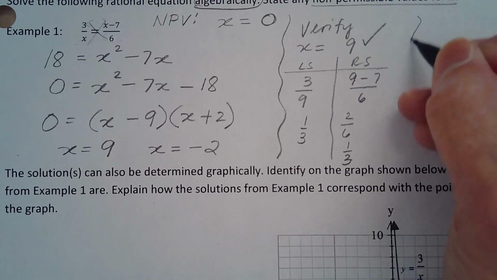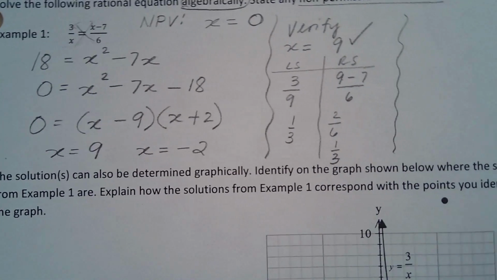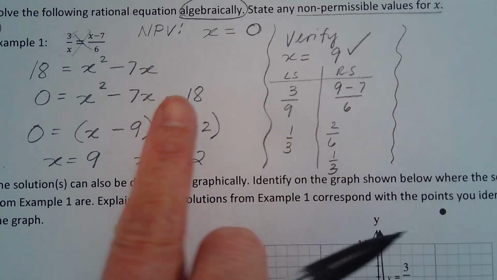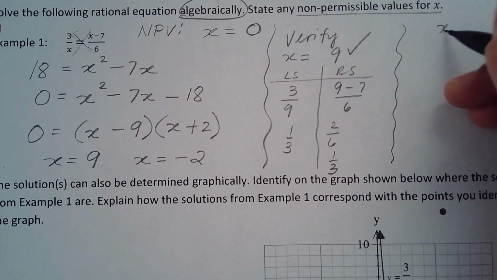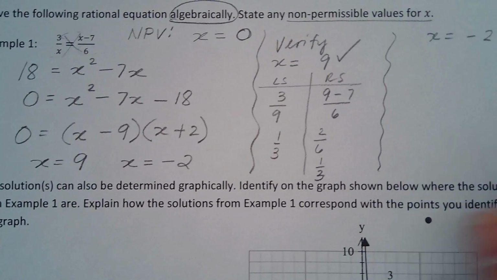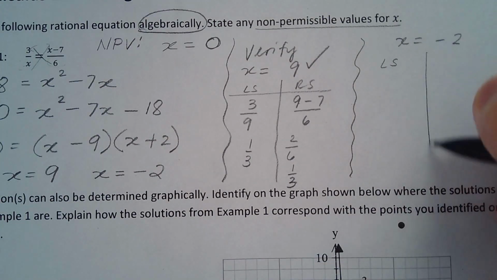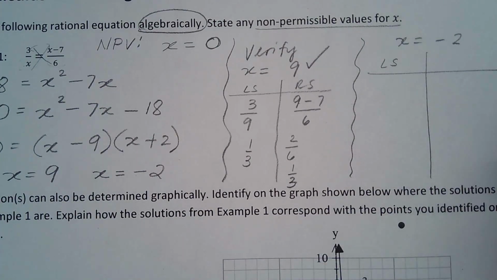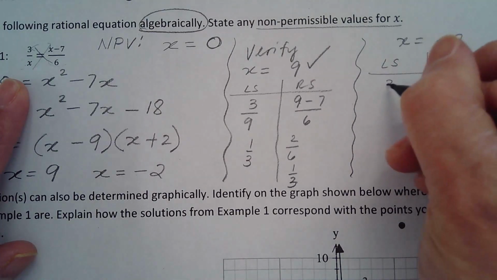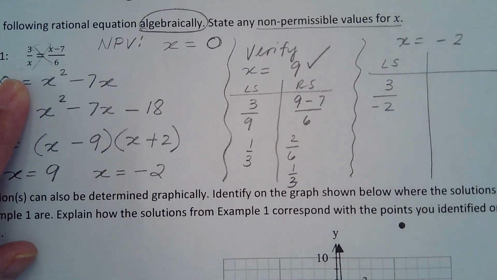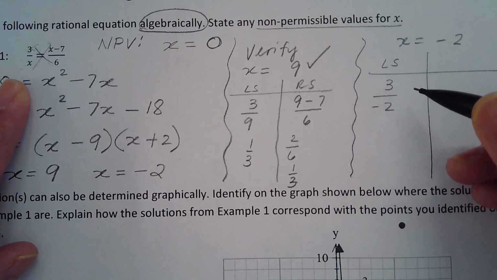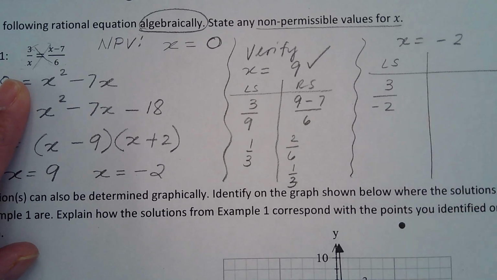Now let's verify this one for x equals negative 2. What does the left side look like? When x is negative 2, it's going to be 3 over negative 2, or we can say negative 1.5.